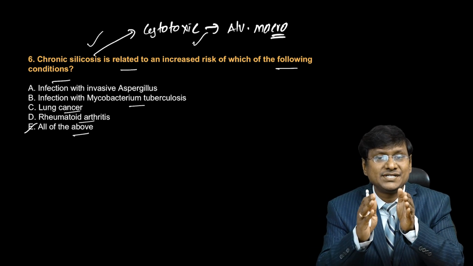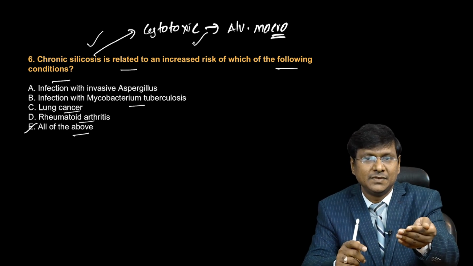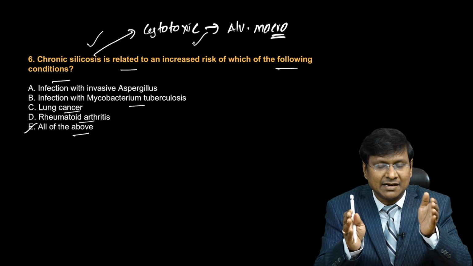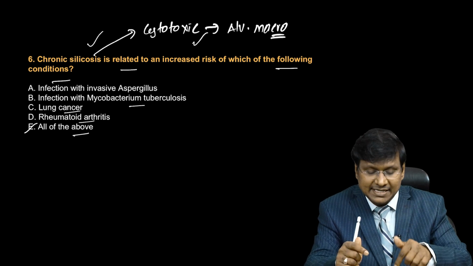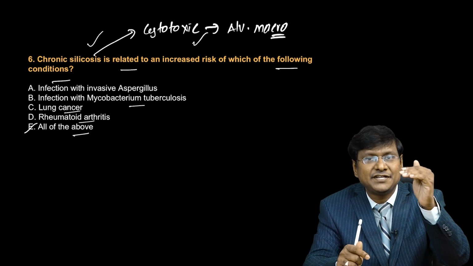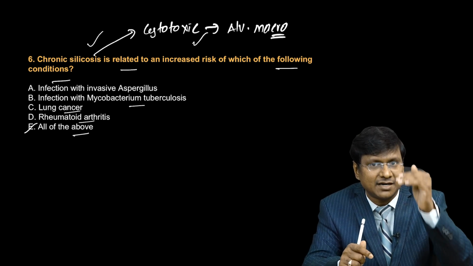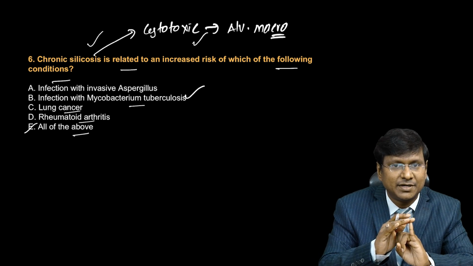So patients are at increased risk of pulmonary infections. Certain pulmonary infections are completely dependent on the macrophages for immunity. Now when silica is cytotoxic to these alveolar macrophages, the infections which depend on cellular immunity are cut down, and these individuals are at increased risk of Mycobacterium tuberculosis.